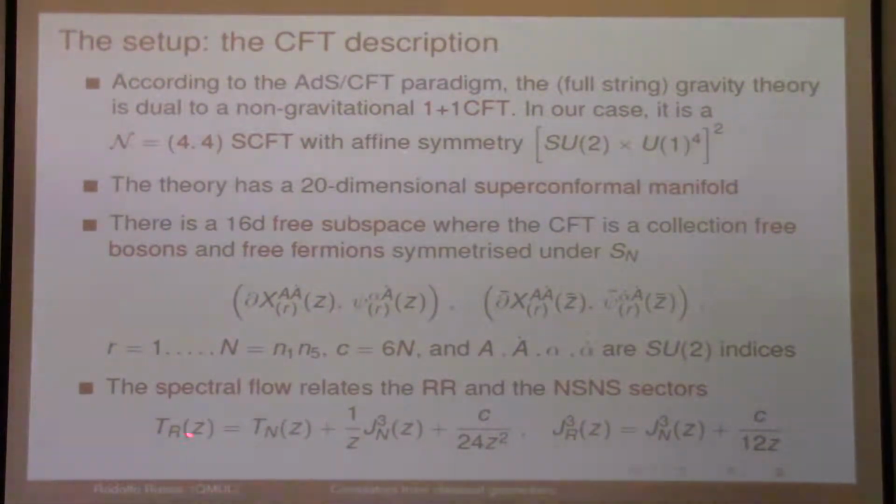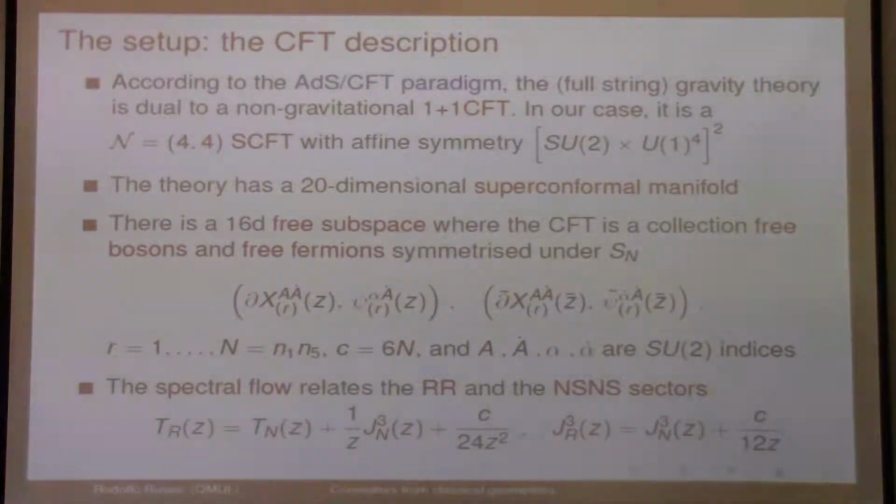And so you see from here, this is the Ramond stress tensor, this is the Neveu-Schwarz stress tensor, that even if you start with the vacuum, the SL(2,C) invariant vacuum, which is one state in the Neveu-Schwarz sector, right? So that would be 0 and 0. The stress tensor in the Ramond sector would be c over 24, as I mentioned. So that's already a heavy state.